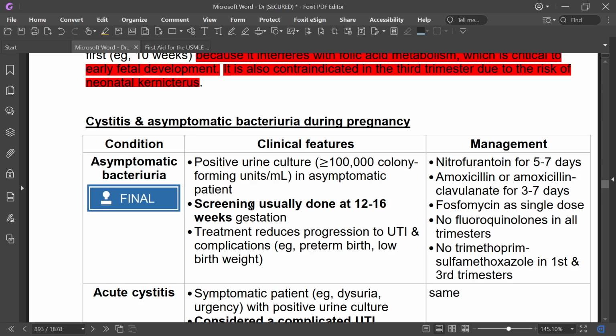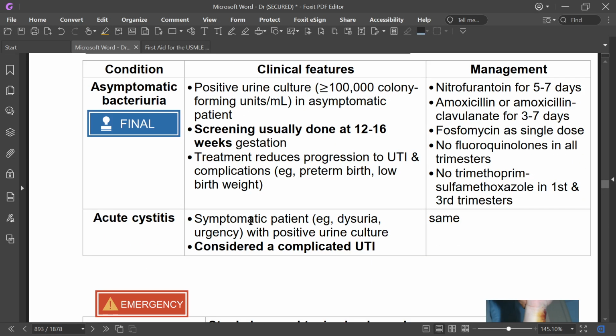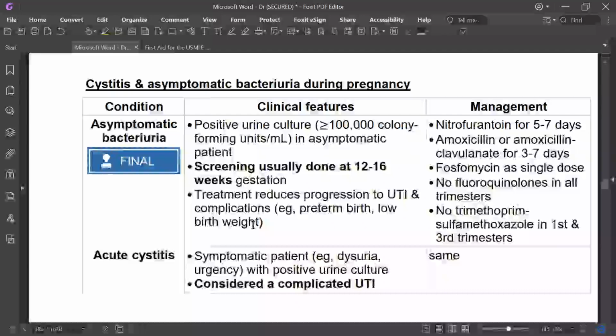Nitrofurantoin for 5 to 7 days, amoxicillin or amoxicillin clavulanic acid for 3 to 7 days, fosfomycin single dose. No fluoroquinolone in any trimester, no TMP-SMX in first and third trimester. In acute cystitis, treatment is the same, considered as complicated UTI.